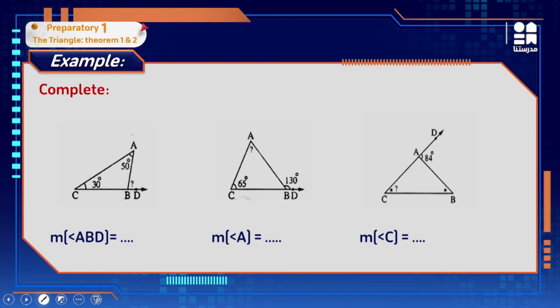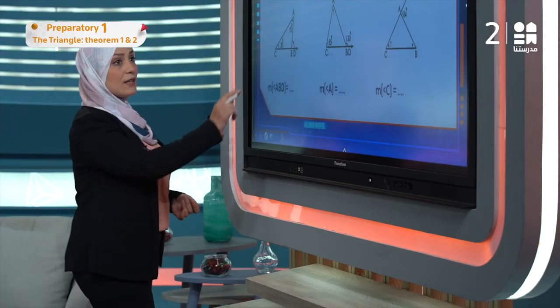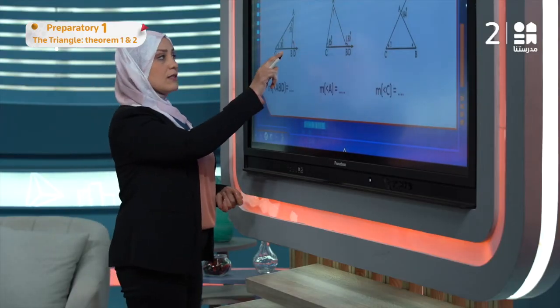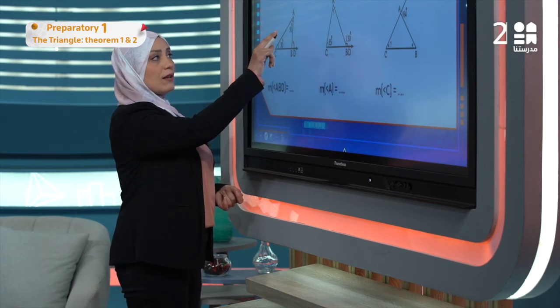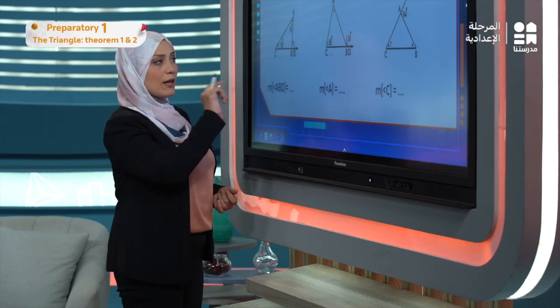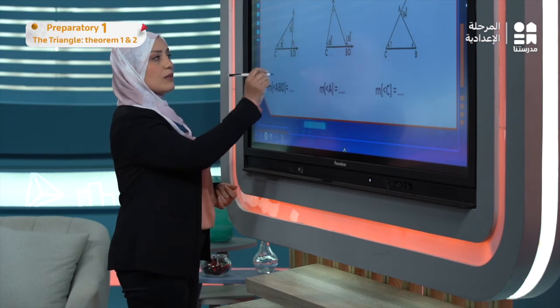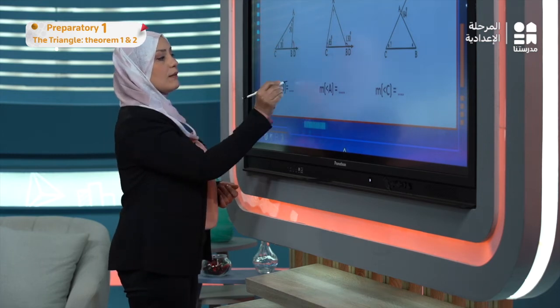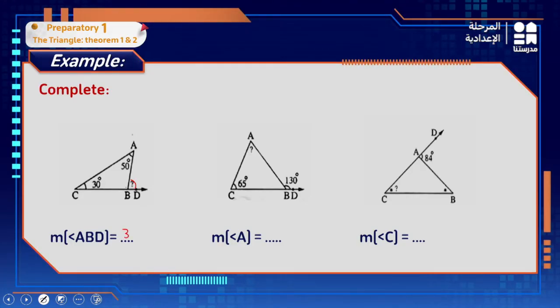It equals what? As we know, the exterior angle is equal to the sum of the non-adjacent interior angles. So we skip this one, and we need to add 30 plus 50, which is 80. So here it equals 80 degrees.